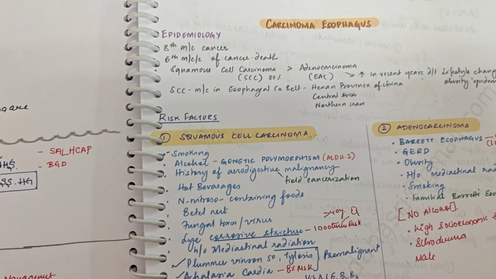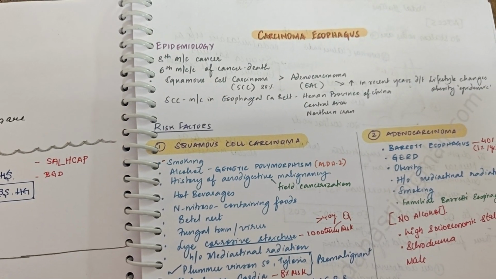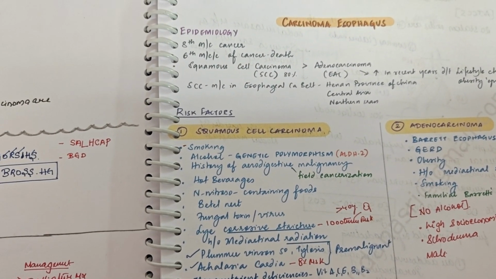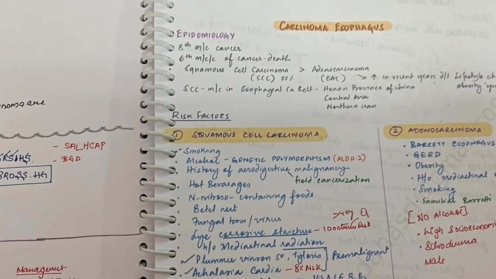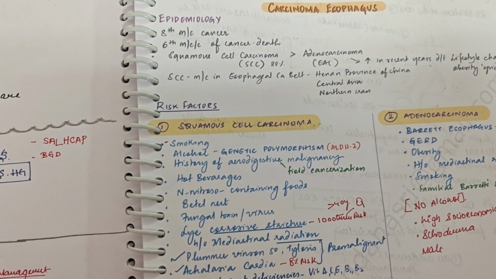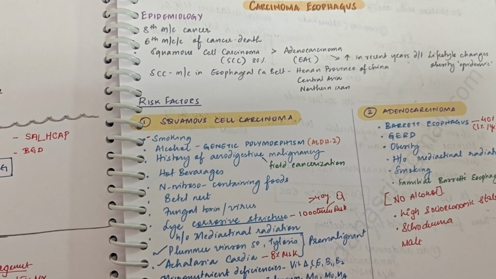So, epidemiology. If you look at the epidemiology, CA esophagus is the 8th most common cancer and the 6th most common cause of cancer death. Squamous cell carcinoma, at 80%, is more common than adenocarcinoma.